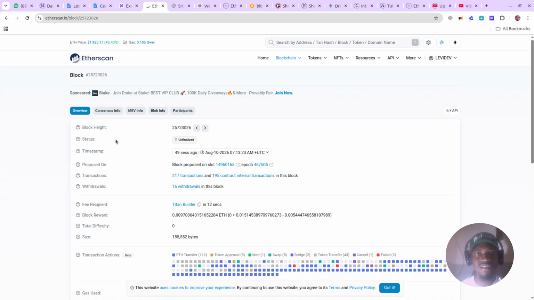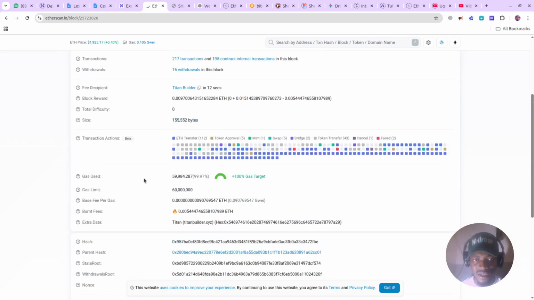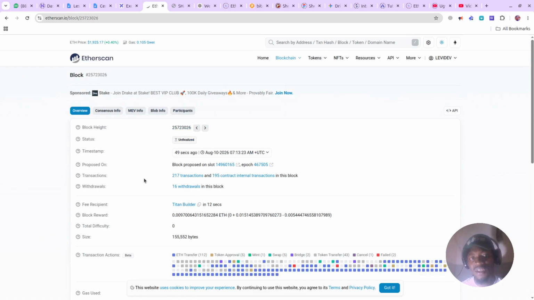So basically, this is the knowledge that you have to understand at this level. As we proceed, we are going to explore more, but for the time being, I would advise you guys to take a look at this site, etherscan.io. Go to etherscan.io.